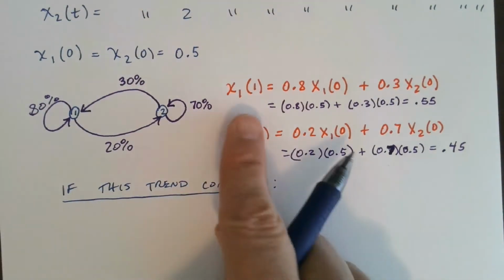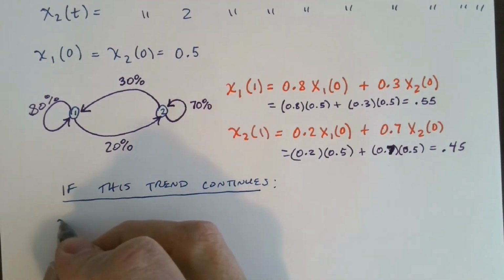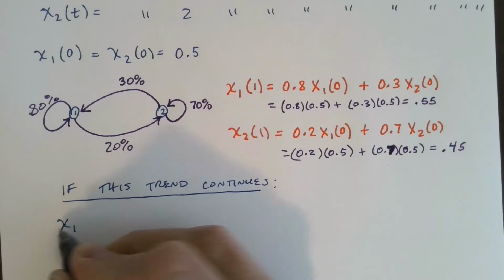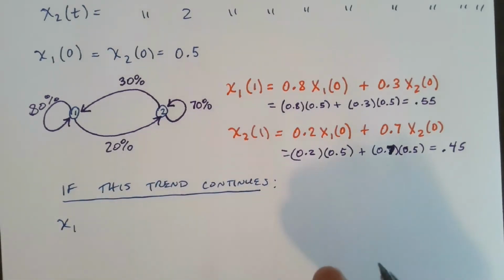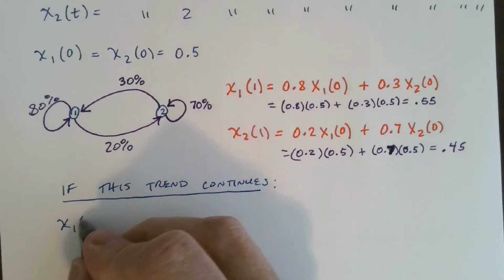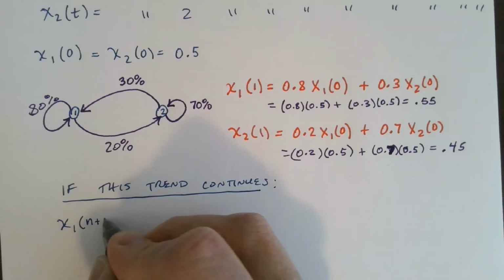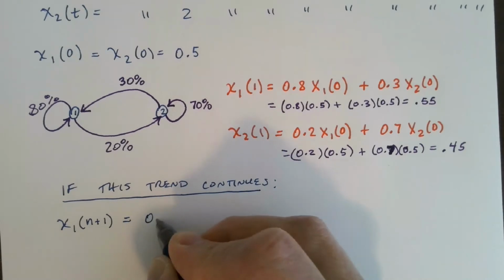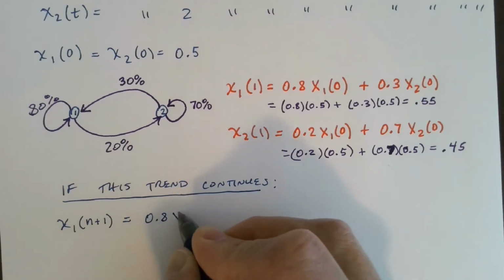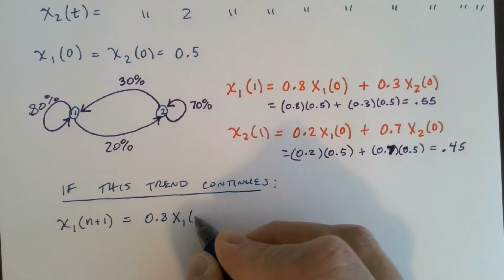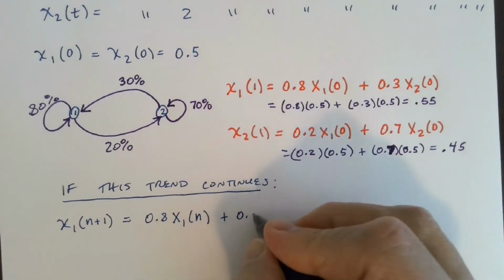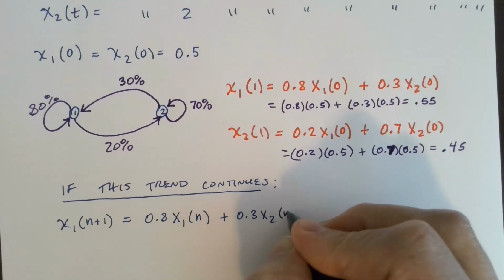Well, we can see the relationship here, and that is, I'm going to write it this way, that if I know what the rates were in the previous year, I'll say that year n, then I can predict n plus 1, the next year. And the way that I'm going to do that is what? 80% of viewer channel 1 share from the previous year, plus what? 30% of channel 2 viewership from the previous year.